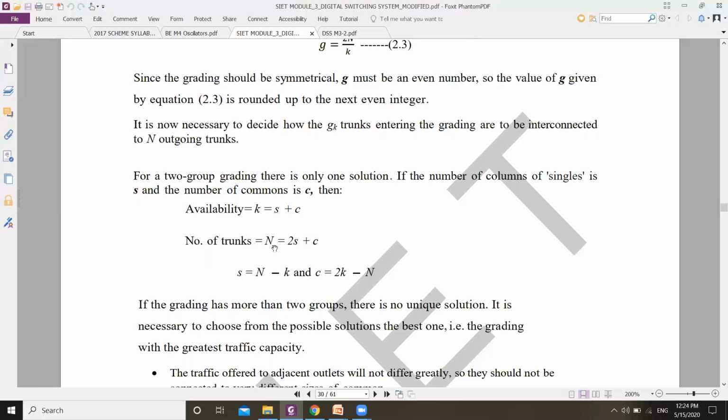So that will give you the number of trunks n, and the number of singles is given by the number of trunks minus availability, and the number of commons is given by twice the availability minus the number of trunks.